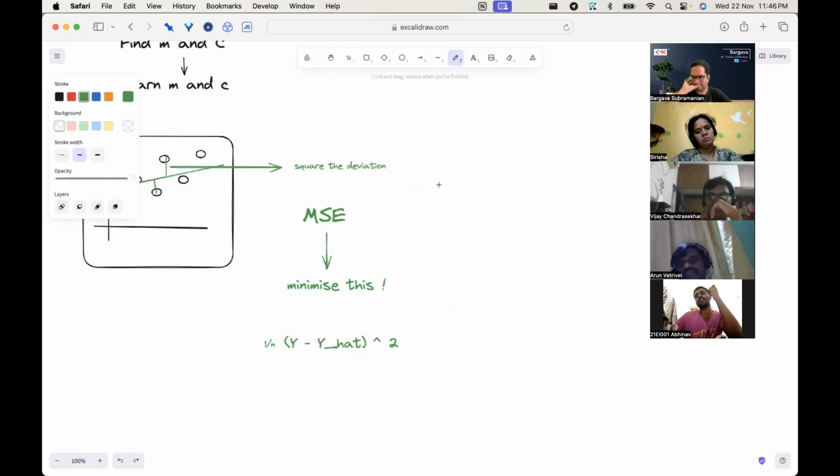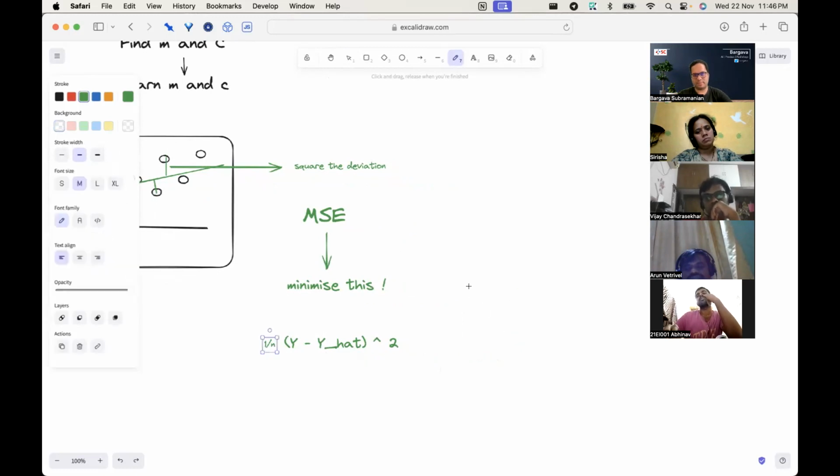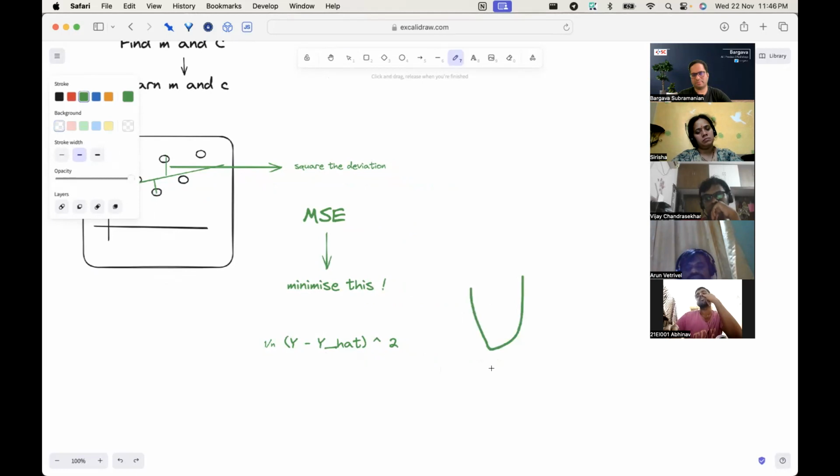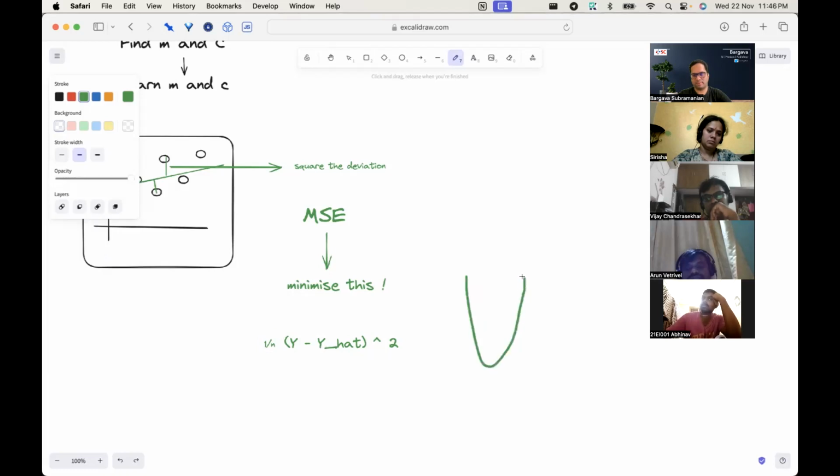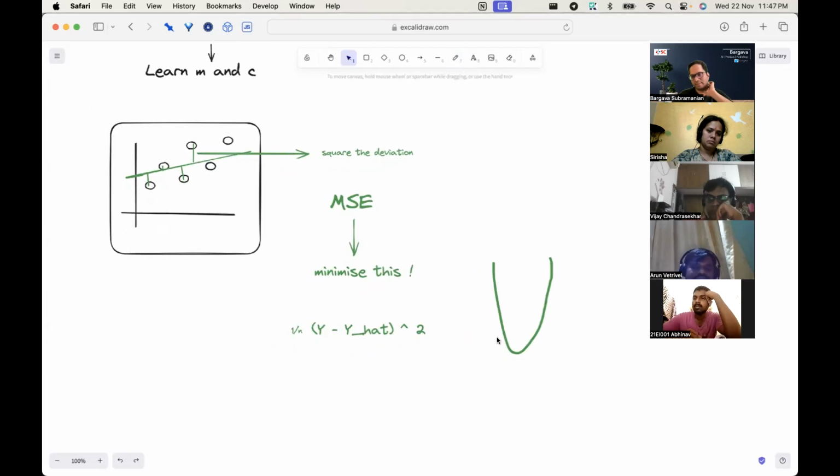So it looks more like a parabola, right? At least, it will look like this. Yeah, more like this. A smooth curve. That's how it will look.